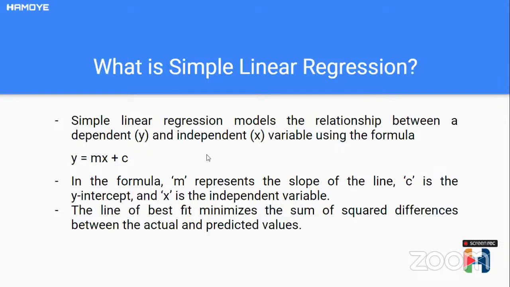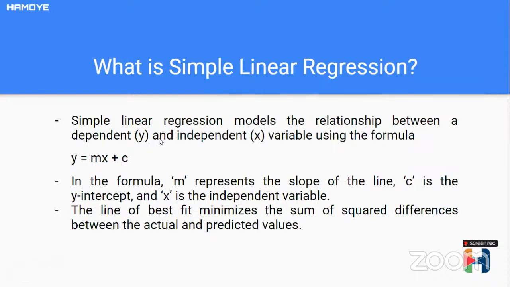So in a simple linear regression, the value of the dependent variable is predicted based on the values of the independent variable. The model takes the form of a straight line equation. Those of us that are familiar with algebra in mathematics should be familiar with this particular expression, y equals mx plus c.